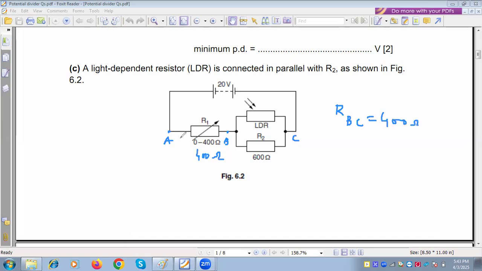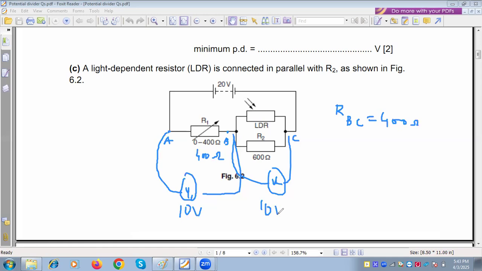It means the potential difference across R1 and R2 will be shared equally, because this is 400, V1 and V2 are also equal. Total resistance is 400, this is 400. So voltage will be shared equally, half of 20 is 10 volt. 10 volt and 10 volt. But in the first case, when the LDR was not connected, the minimum potential difference was found to be 12 volt.